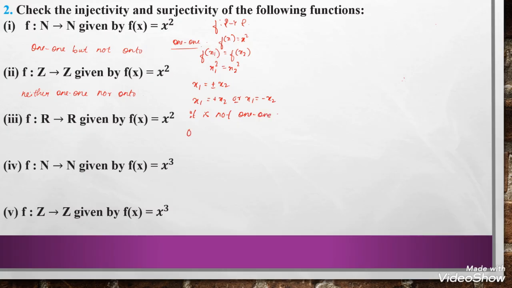Similarly, I will check the onto condition, that is f of x is equal to y. Substituting f of x is equal to x square is equal to y, then y is equal to x square. We have to solve for x, so x is equal to root of y.